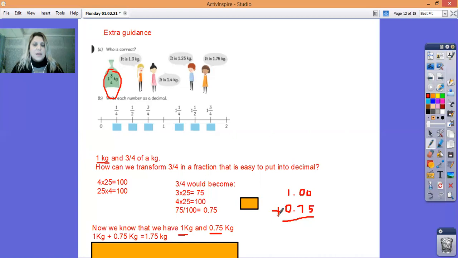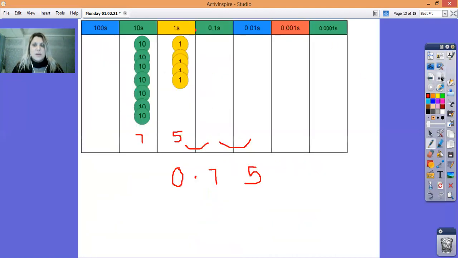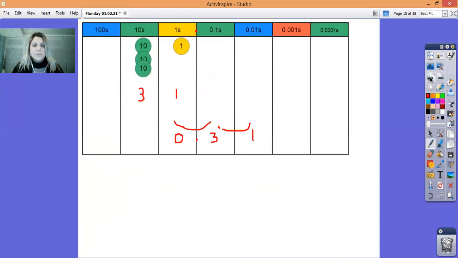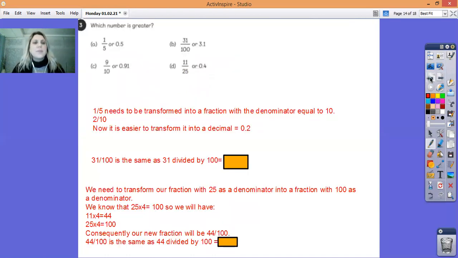If we add 0 to the 5, we have a 5. 0 to a 7, we still have a 7, with the decimal point there, not to forget. 1 and 0 is 1. So our answer will be 1.75 kilograms. That's my little bit of extra help for the first part of the guided practice.